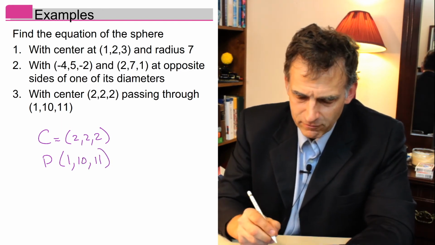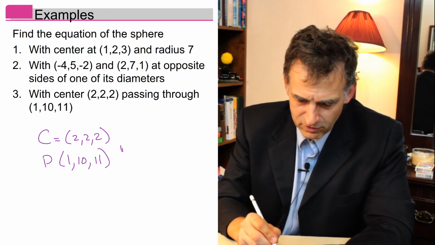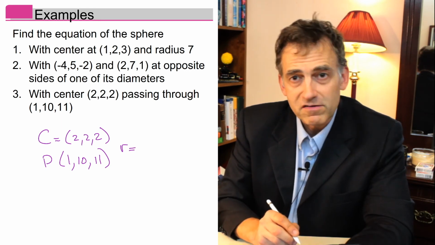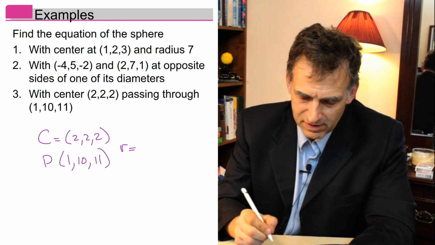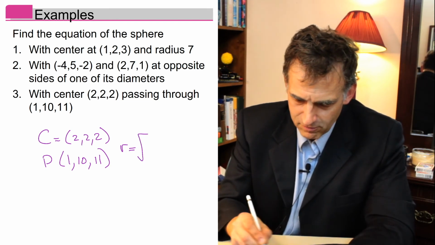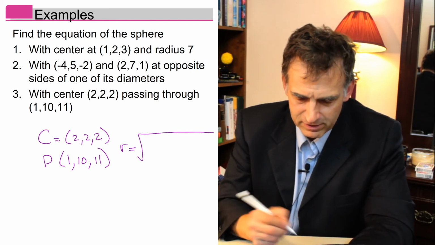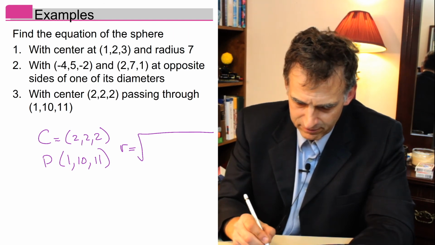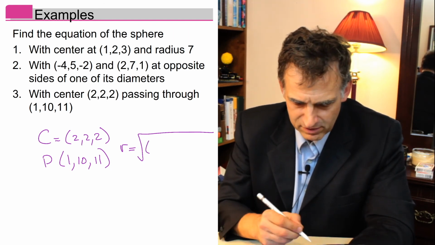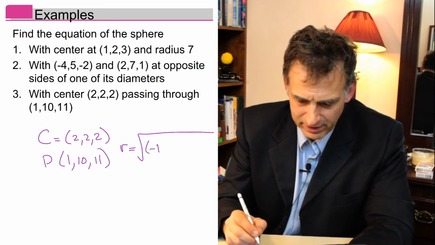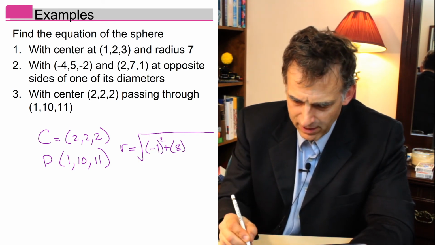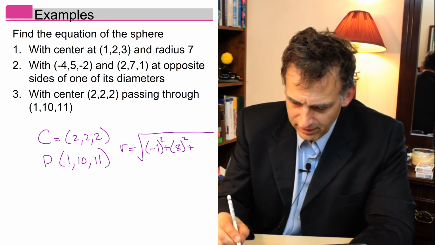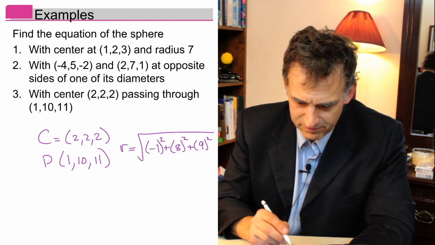Okay, so we need a radius. We have a center. The radius will be the distance between the center and any point on the edge of the sphere. So in this case, the radius is going to be the square root of the distance between these 2 points. I'm just going to talk through it. So (1 minus 2) squared, (10 minus 2) squared, and (11 minus 2) squared. I just did the differences in my head.